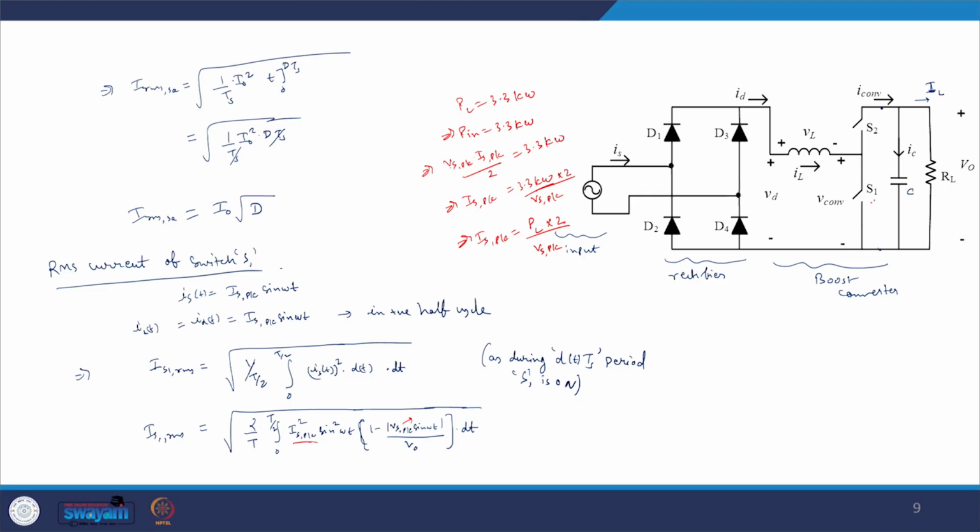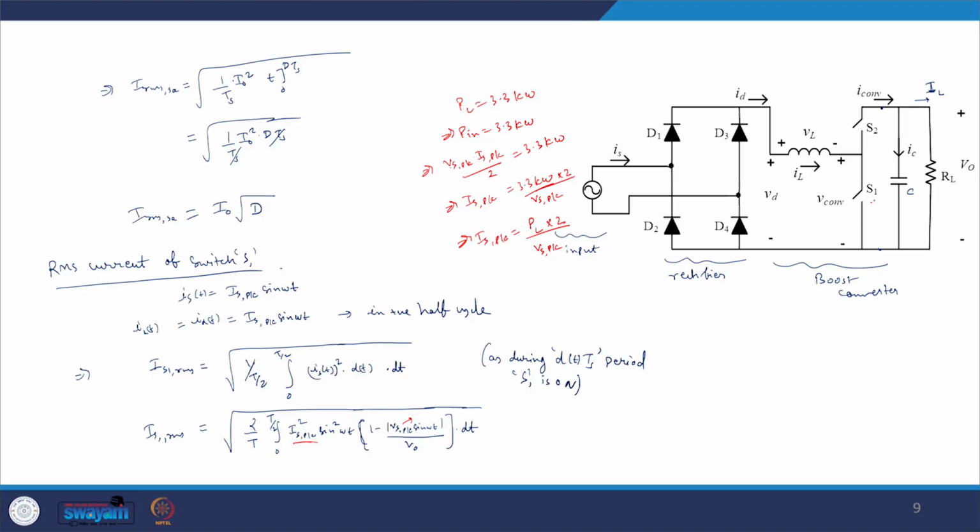In this lecture, we have seen how we can size the capacitance value once we know the load power, the output voltage to be kept, the allowable voltage ripple, and the line frequency, which one already knows because this converter has an AC voltage input. Using these three-four quantities, one can easily calculate the capacitance value.